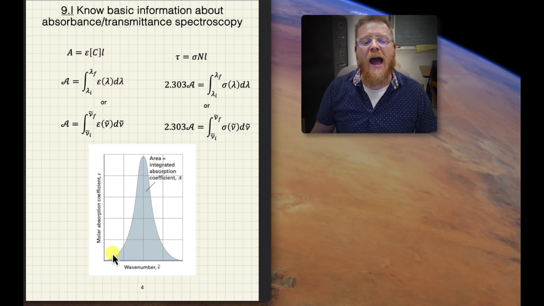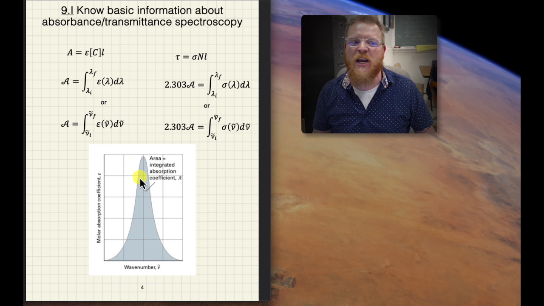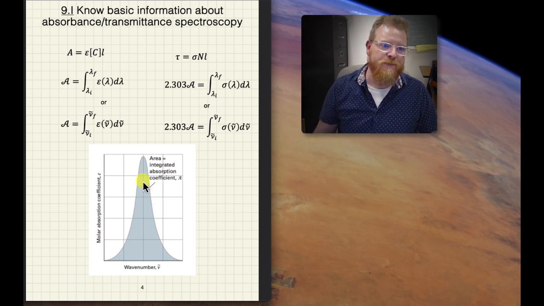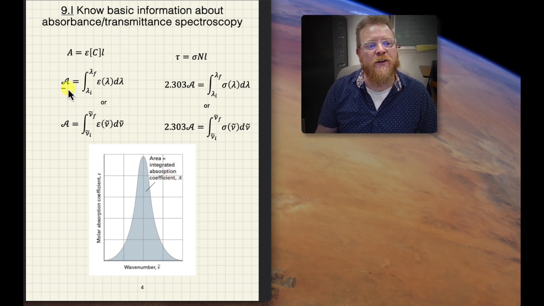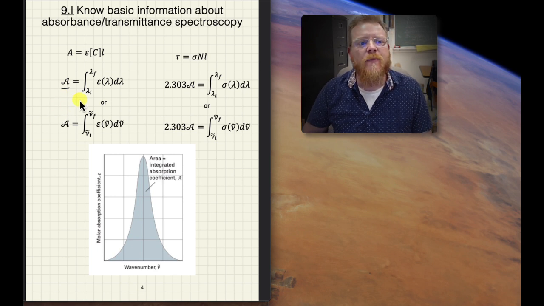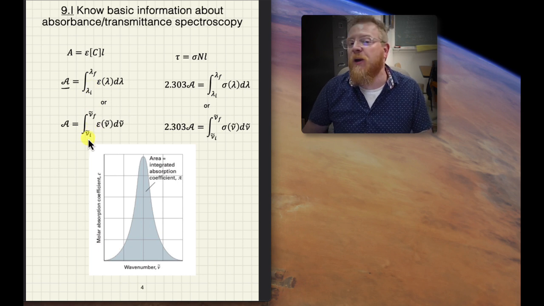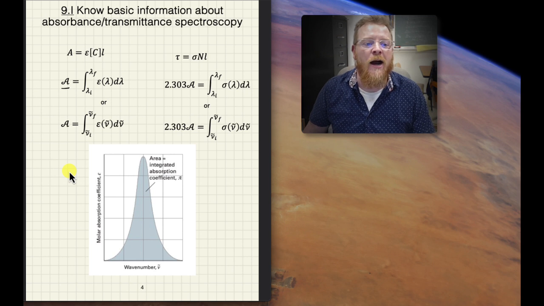And generally when we have wide or misshapen peaks, it's preferred to integrate those peaks, which will give us the integrated absorption coefficient, usually given by this like nice lovely cursive A. And of course, we can do that over a wavelength range, or we can do that over a frequency or wave number range, depending on what our spectroscopy was given in.